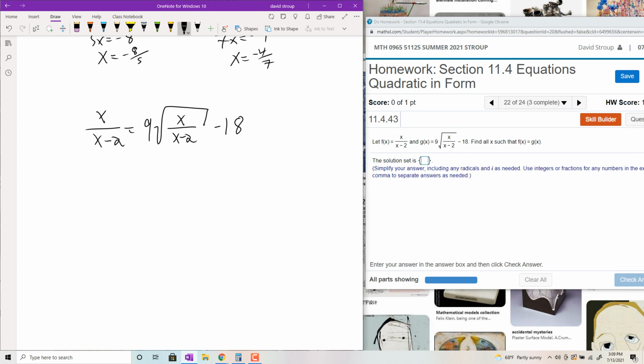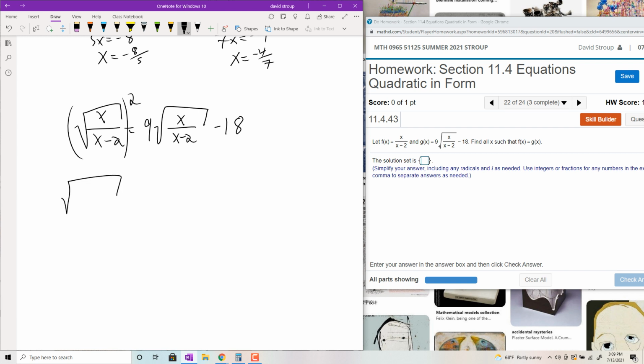Okay, so x over x minus 2 as it sits is really the square root of x over x minus 2 squared. That'll give you the quadratic form when you move the 9 square root x over x minus 2 and the negative 18 to the left.